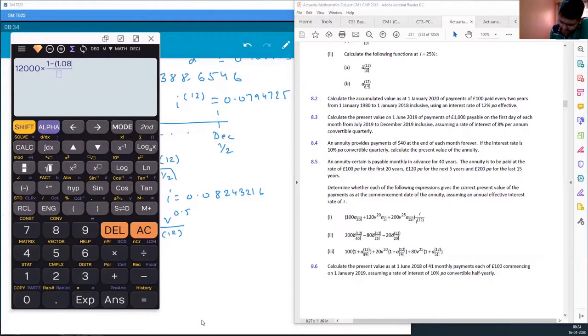So 1 plus I, so 1.08243216 raised to minus half, so 0.5 divided by, we want I-12.